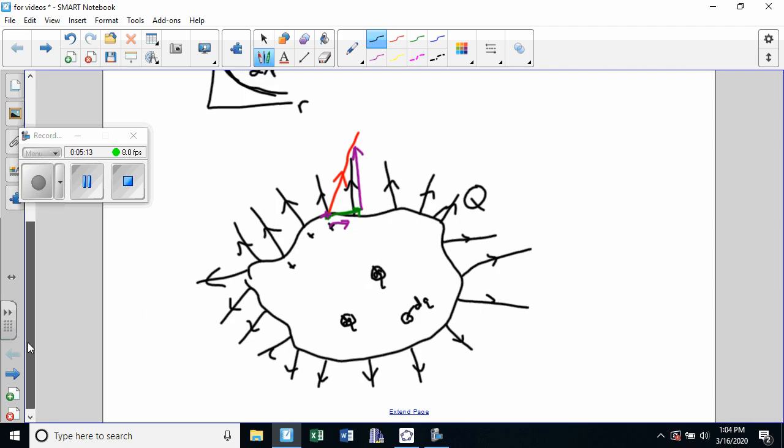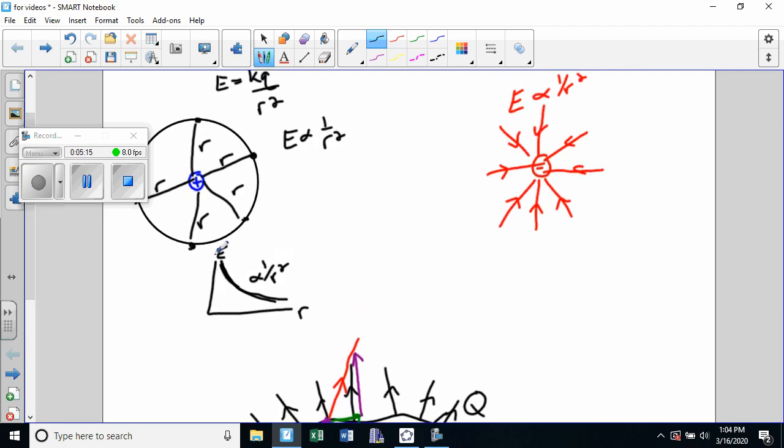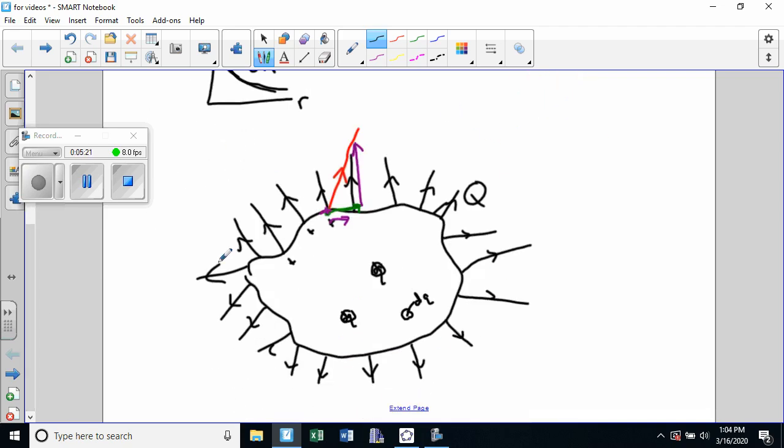Well, unfortunately, there's not a beautiful spherical symmetry like we had for point charges. I can't imagine picking any point in space where the distance from each of these point charges is going to be the same. I can't imagine any space where that would be true.